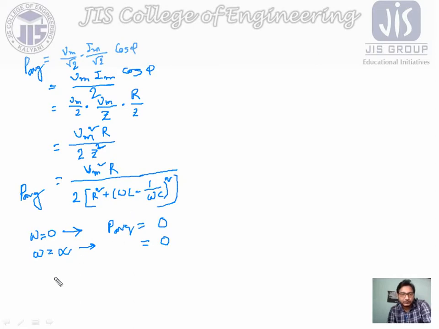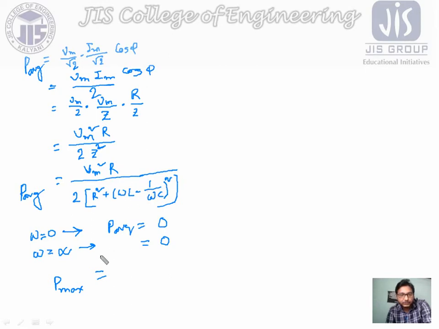At P max, the maximum power, the power will be maximum if the denominator portion is getting minimum. There is a chance when the circuit is in resonance that the overall denominator portion goes to its minimum, when this omega L minus 1 by omega C term goes to 0.